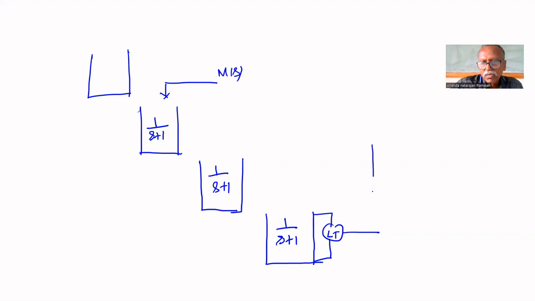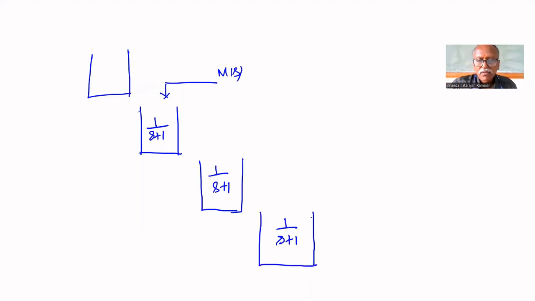Suppose you want to control... let us have not level, let us have composition control, whose model is 1 upon s plus 1. So it is given to a composition controller. Set point is given for the composition controller.